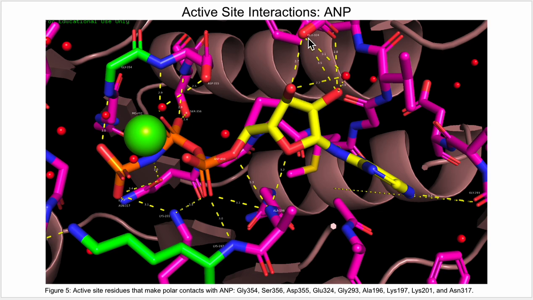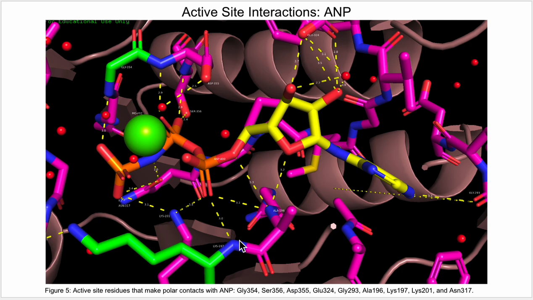ANP also has interactions mediated through the backbones of glycine 354, aspartic acid 355, serine 356, glycine 293, alanine 196, and lysine 197.